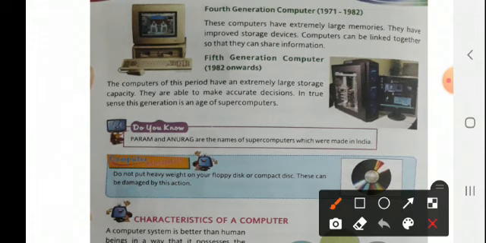Okay, if a question comes like which generation is considered the supercomputer generation, you will answer the fifth generation computer. And one more thing, Param and Anurag are the names of the supercomputers which were made in India. Okay, important thing. All these simple points you have to consider. Okay, you have to learn. These are important.